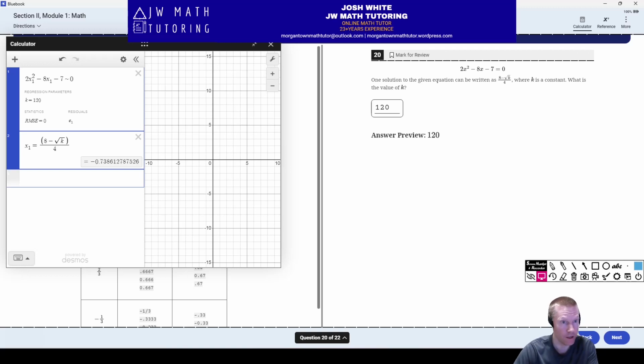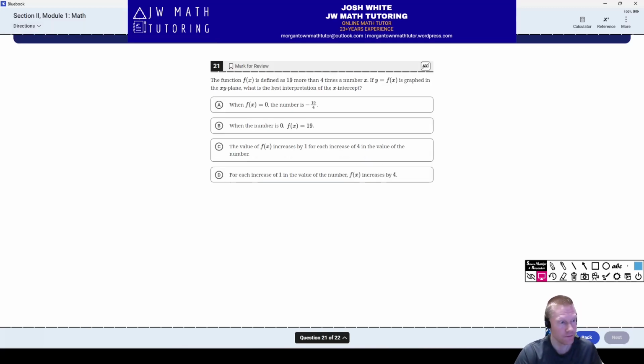Now it goes back to the regression statement and forces it to find the value of k which, in this formula, will match the value of x1 that sets this equation equal to 0. So right there, it gives you 120, and that's your answer. That's how you could do this entire problem, or any of these quadratics where it gives you the equation and says one solution is of the form something plus square root k over something. This is how you can do it entirely in Desmos.